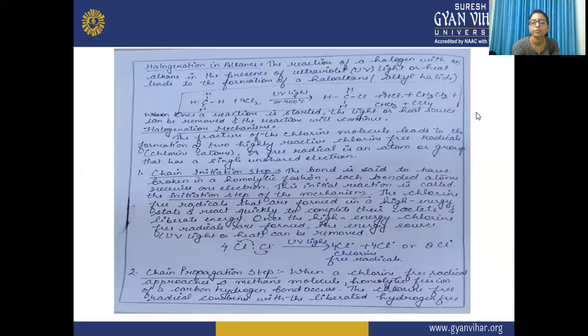So each bonded atom receives 1 electron: one chlorine atom has 1 electron and the other has 1. This initial reaction is called the initiation step of the mechanism, the first step of the mechanism.